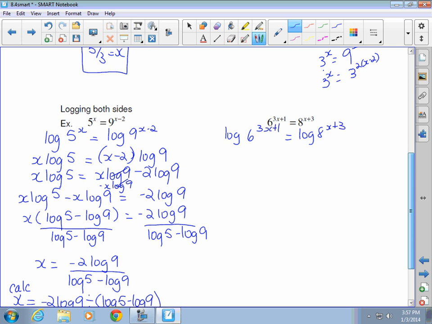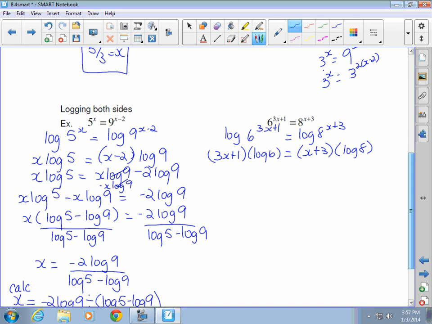Use my power rules. This is 3x plus 1 times log of 6 equals x plus 3 times log of 8. So now I need to multiply and distribute.